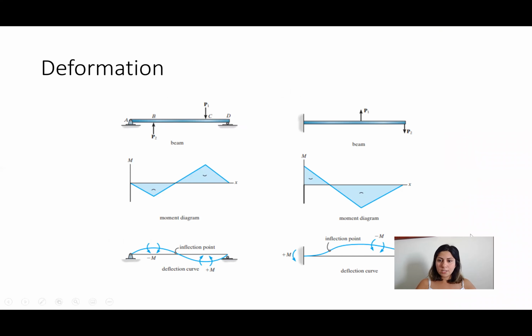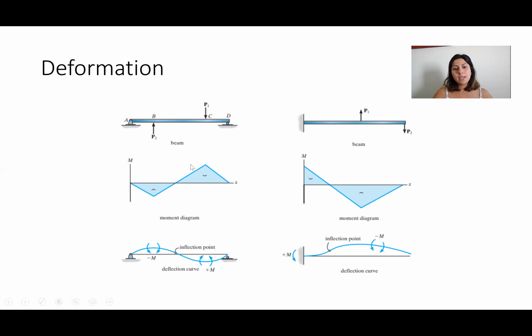We start with deformation of a beam. Here you can see we have a simply supported beam. We have an upward concentrated load and a downward concentrated load at C. Here is the moment diagram.